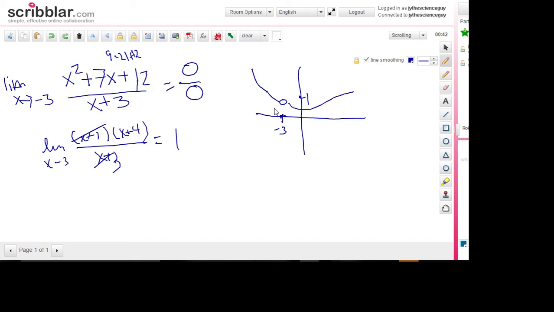The same thing might happen when you're doing infinity over infinity. But I want you to be careful, because if you get something like this, it would not be an actual limit. It would just be undefined.